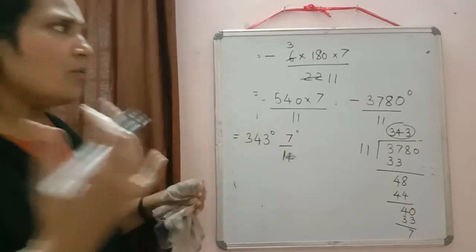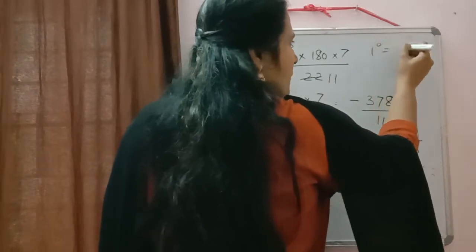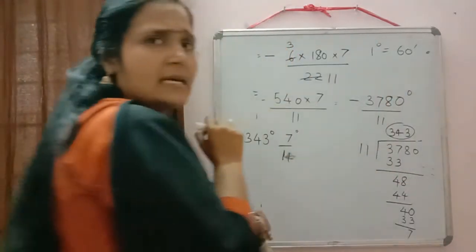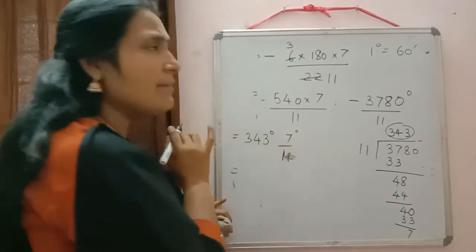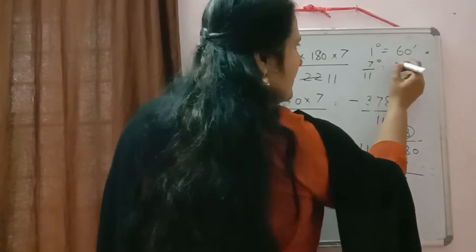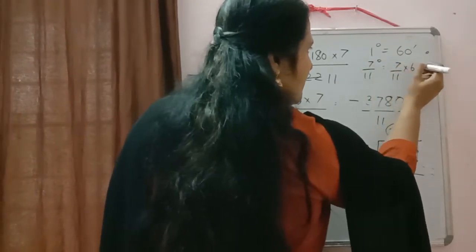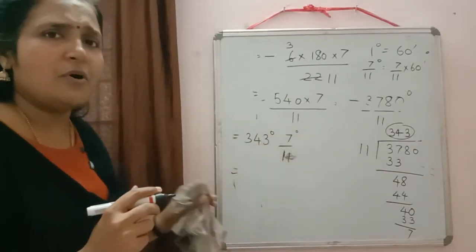Now we know 1 degree is again divided into so many parts. 1 degree is equal to how much? 60 minutes. So in the same way, 7 by 11 degree will be equal to 7 by 11 into 60 minutes. So now I am going to convert into minutes.